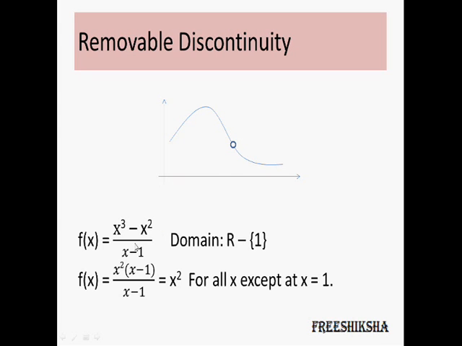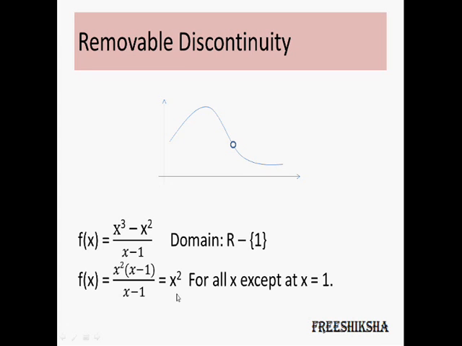If you have a look at this function f of x, you see that it's (x cube minus x square) by (x minus 1). So its domain is all real values but at 1, the function is not defined because this function goes to infinity at 1. So if I factorize the numerator, and look at this function for all values other than x minus 1, I can cancel the numerator's x minus 1 by the denominator's x minus 1 and I'll be left with x square.